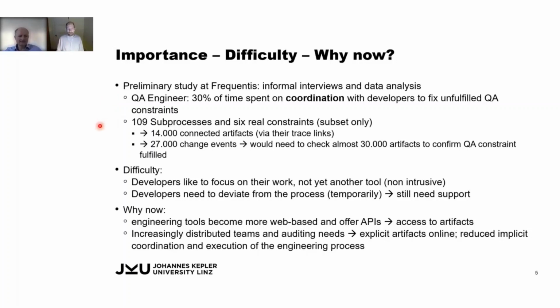We looked at 109 sub-processes with 6 real constraints, which are only a subset. These constraints span over 14,000 connected artifacts via trace links. Looking at these 109 sub-processes, we saw 27,000 change events that would result in almost 30,000 artifacts to be checked over and over again, to make sure that after every single change the quality constraints are fulfilled, to give immediate feedback.